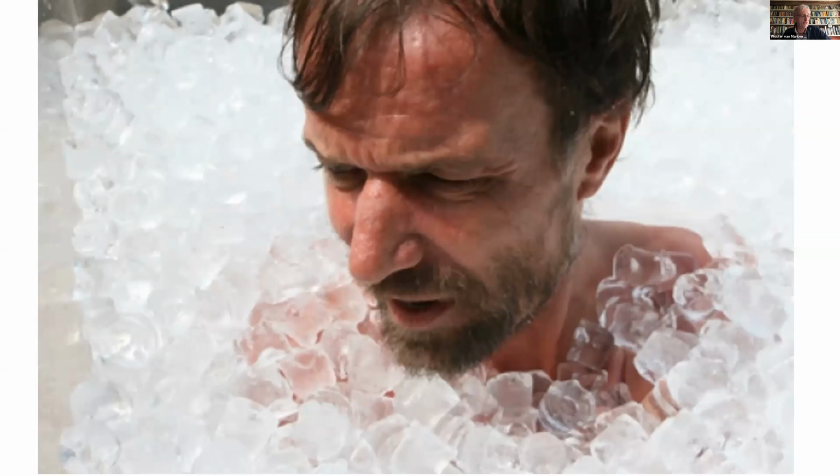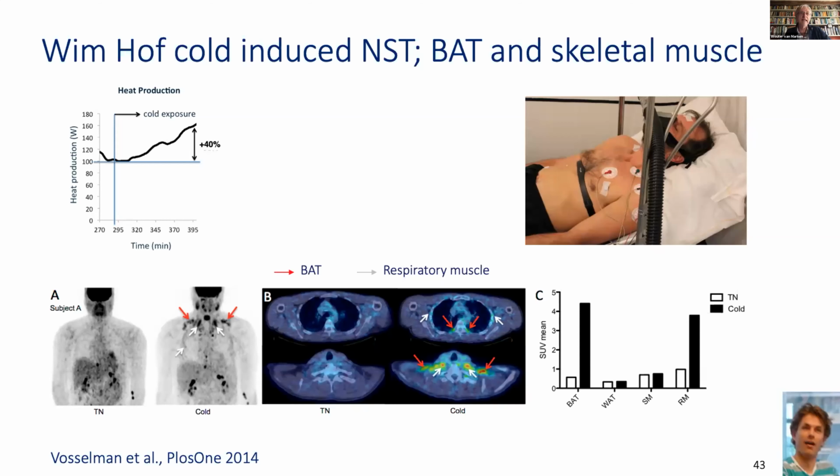He has his training program to make you more resilient and feel better, etc. We studied him in our lab several years ago, and there we saw that he really had a high non-shivering thermogenesis capacity, as you see in the top left graph. But what we also saw is that his brown fat was not as high as we expected.